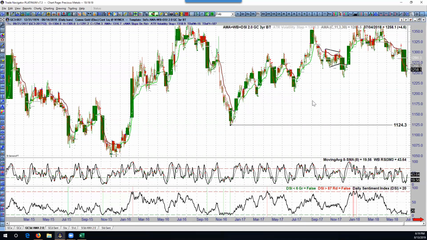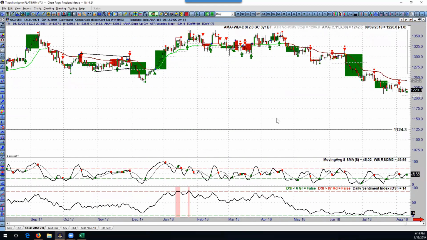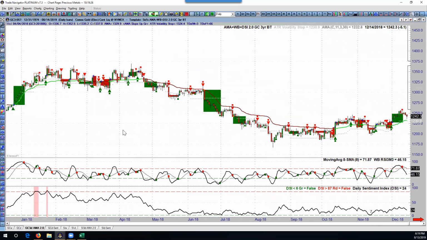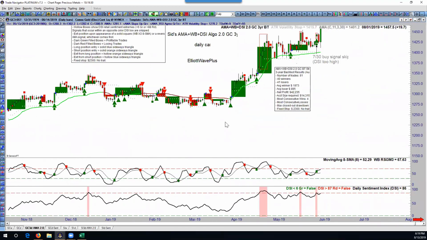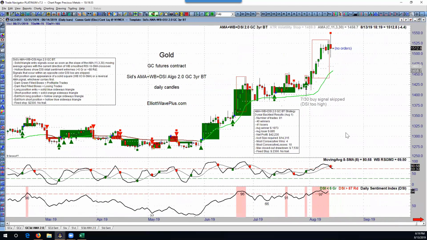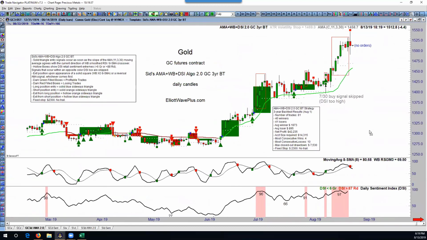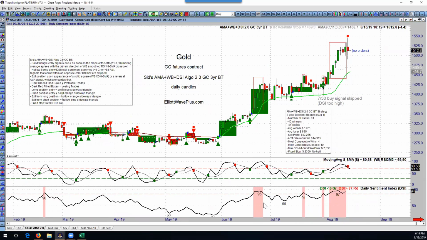And I noticed that recently on gold, it had refused to take some long signals that would have been profitable, except they were being filtered out because the DSI was so high. The retail sentiment on gold recently has been at nosebleed levels, and it's kind of been staying there. Like it first reached up into the 90s back here in late June.